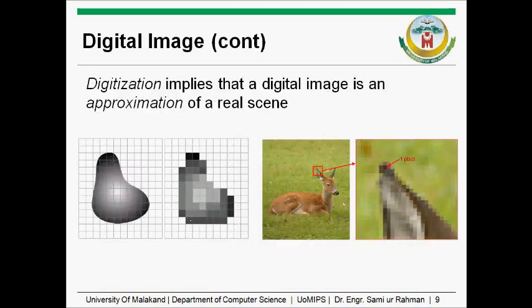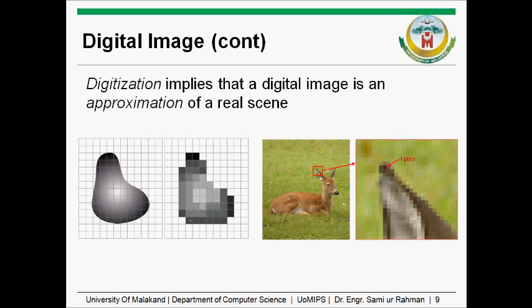Okay, now as I said in the previous slide, digitization is actually the discretization or the approximation of a real scene. So in the real world environment, you have scenes which are continuous, which you can represent in continuous form, but when you take an image, you have to digitize this.